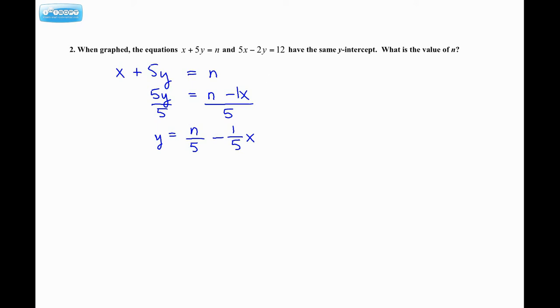So let's now work with this one. I'll do that in red. So we have 5x minus 2y equals 12. Well, there's nothing missing in this equation that we need to worry about. So let's just rewrite it in slope-intercept form. So let's solve for y. Now notice how this y term here is negative.